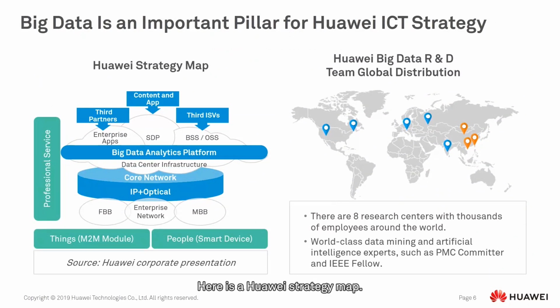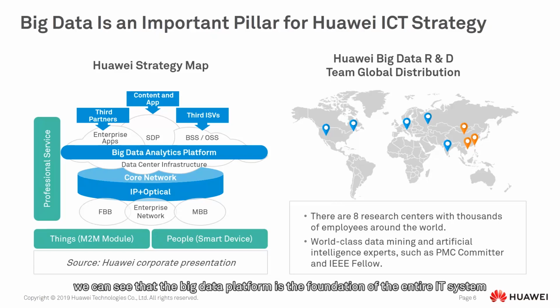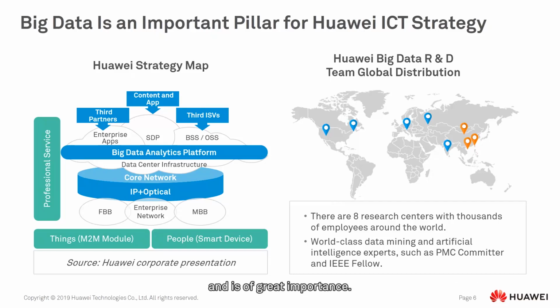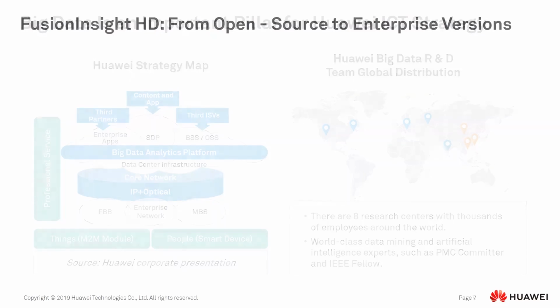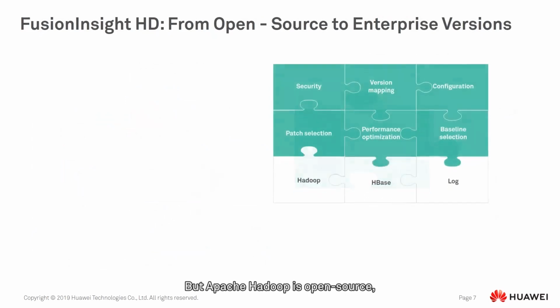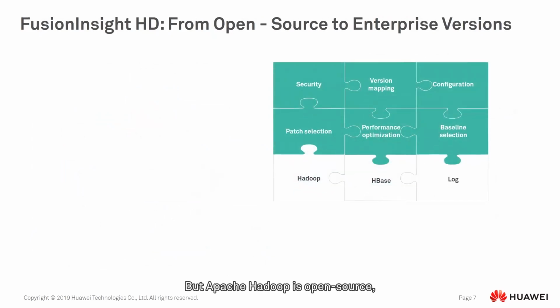Here is a Huawei strategy map. From this figure, we can see that the big data platform is the foundation of the entire IT system and is of great importance. But Apache Hadoop is open source. Of course, it's unstable and has some bugs, so Huawei adopts the essence of the open source Hadoop, eliminates bugs, and improves some functions.